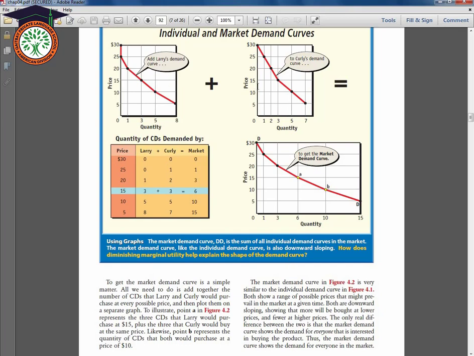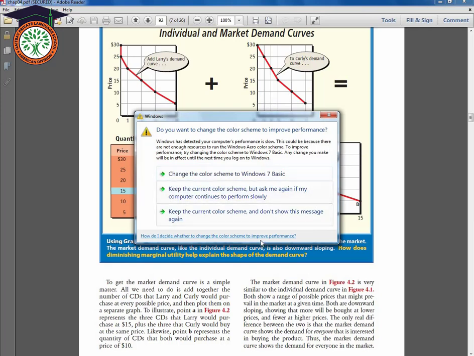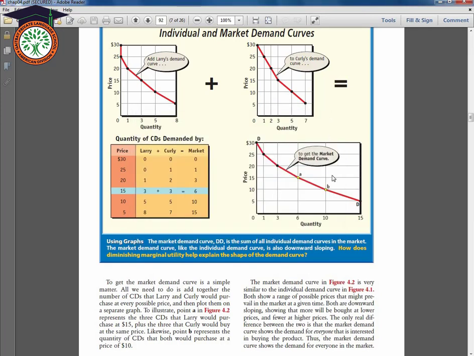These individual and market demand curves, sorry about the noise, I don't know why it's appearing every now and then, but anyway, the curves are sloping down, always showing the quantity demanded at each point, at each price given.